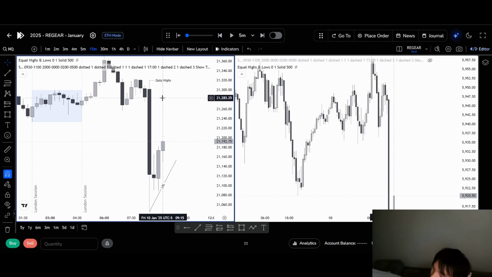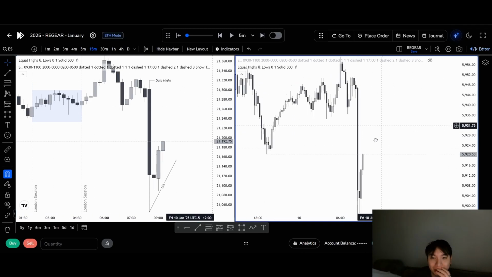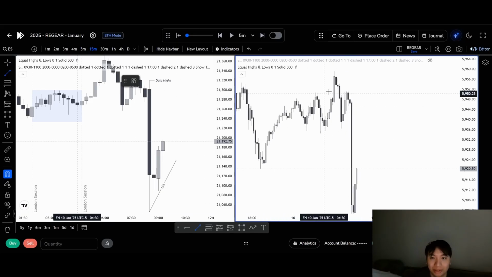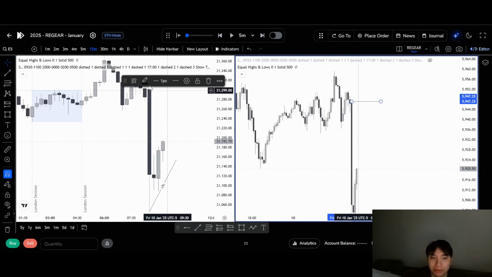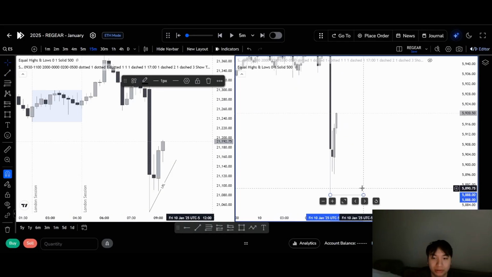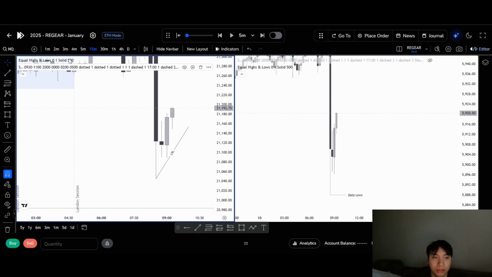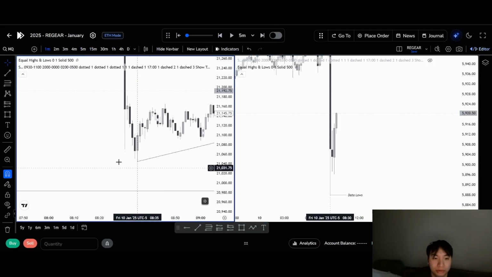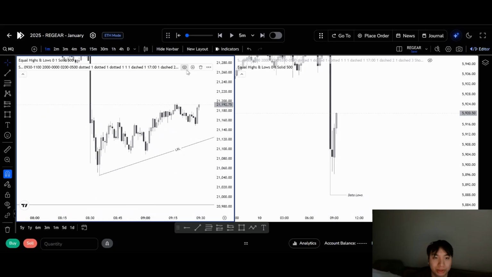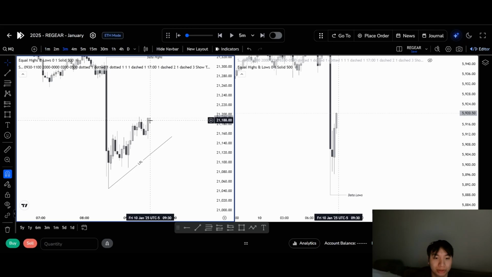All right, literally so far from what I'm seeing, we're just gonna be bearish because look at the data candle here. We dropped so far, this has to be some kind of high impact news. Data lows was already taken out, and then we've just been consolidative, having a very large accumulation period.